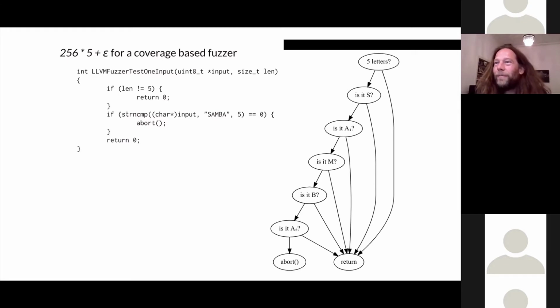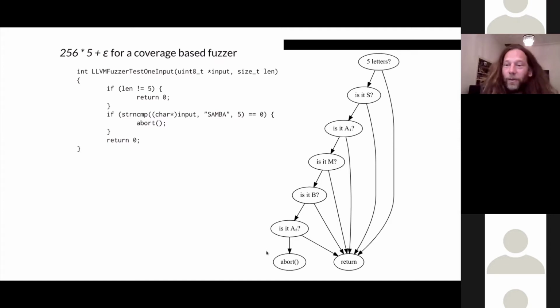And then it'll unroll this because it's comparing with the constant string, and it'll say, well, it's looking at 1 byte at a time. We'll say, well, is it an S, is it an A, and what is it? 1280 combinations at the worst, it'll come through and it'll crash with an abort.